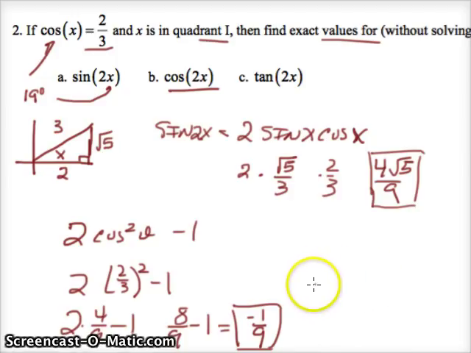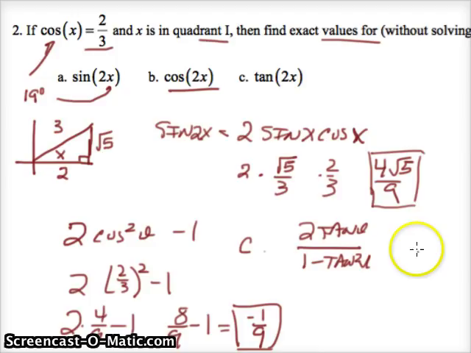Now, how about tangent of 2x? Here's where you're going to need a double angle identity for tangent. And that guy is this. Again, we're doing C right here, right? 2 tan theta over 1 minus tan squared theta.